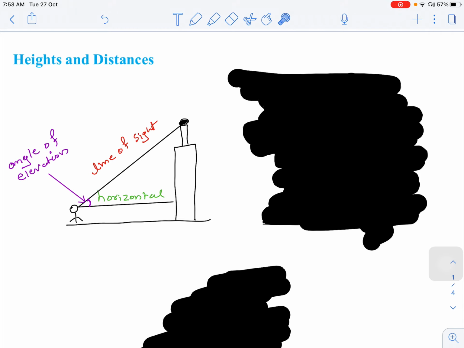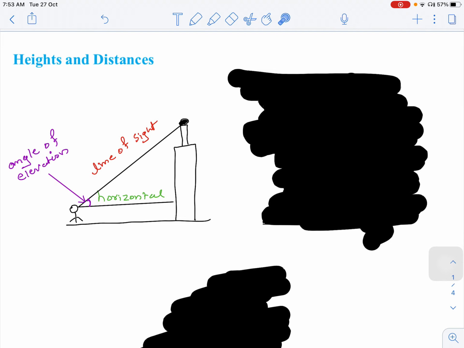Between this line of sight and horizontal an angle is formed, and that angle is known as angle of elevation. Again remember, the line which is straight to the eyes is known as horizontal. The person is watching an object placed above the building, and where he is watching, that line is known as line of sight.